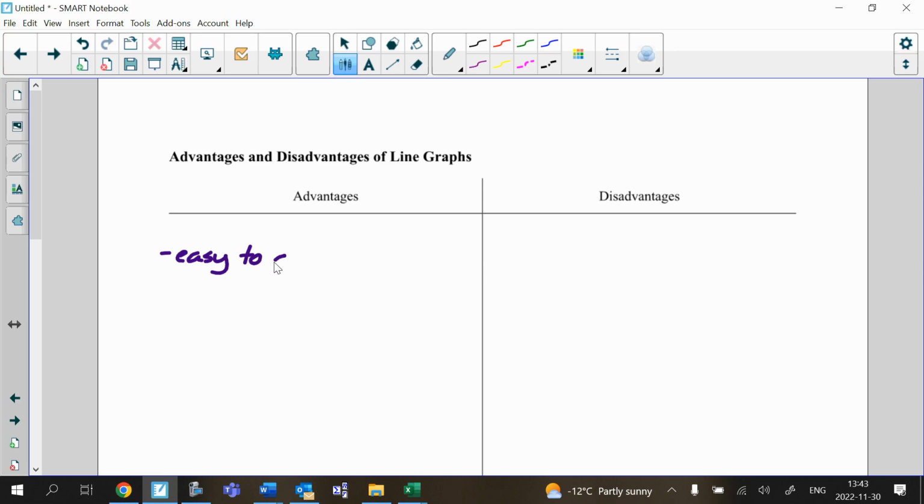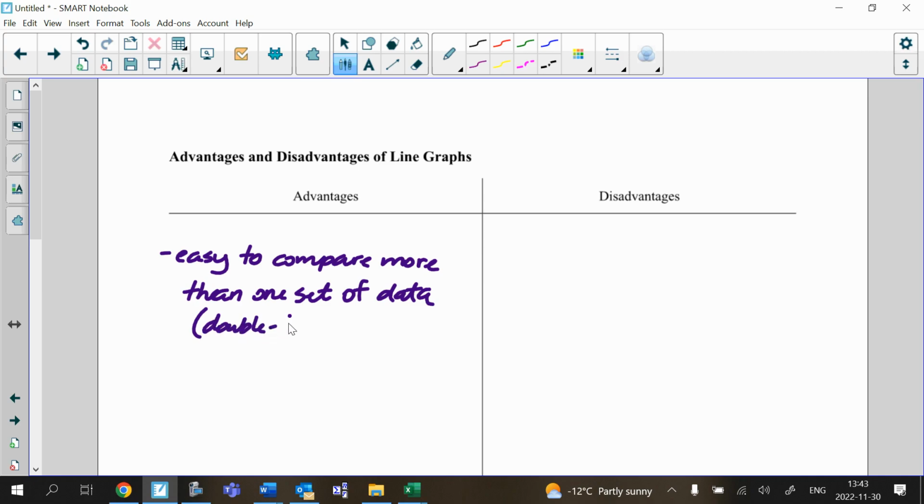So even though we didn't do one, you could have double line graphs, just like double bar graphs. And as I write, I'm writing bar as I say it, and I should be writing line. So if we want to compare more than one set of data, bar graphs and line graphs are the best.